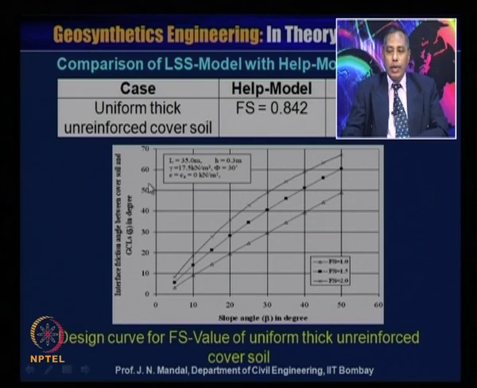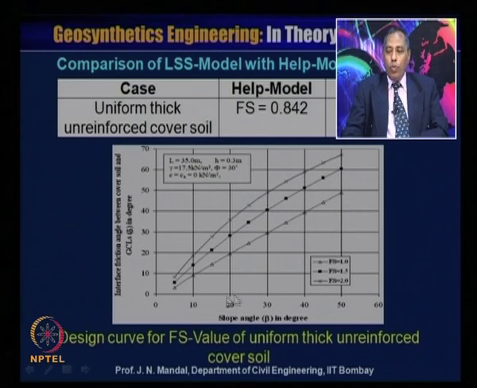And this is the problem: L is equal to 35 meter, H, the thickness of the cover soil, is 0.3 meter, gamma, the unit weight of cover soil, is 17.5 kilonewton per meter cube, phi is equal to 30 degree, and c_a is equal to 0 kilonewton per meter. So you can obtain the curve like this for the different factors of safety.